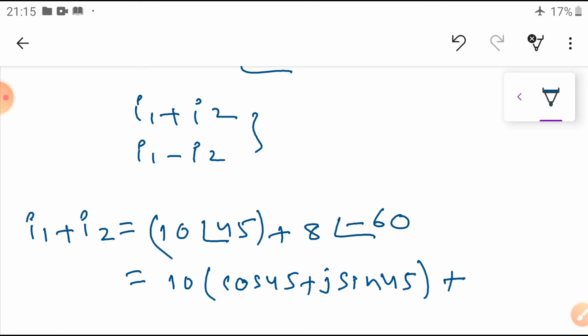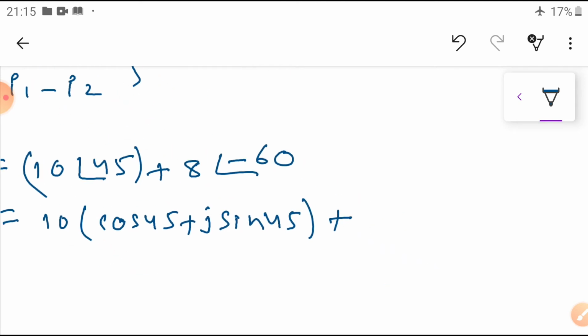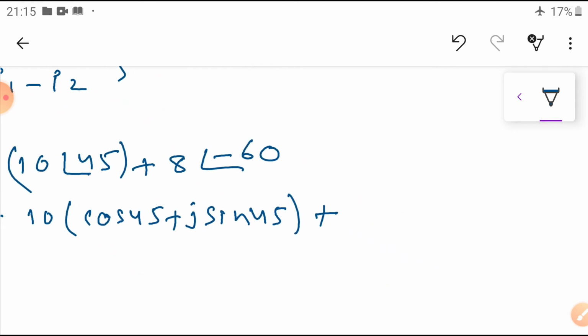This is written in the trigonometrical form. Now we convert the second one also the same way, 8 cos 60 minus j sin 60, you are going to get it. Here the angle is minus, no problem. So these are the values.